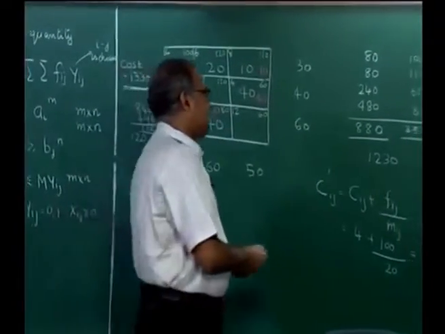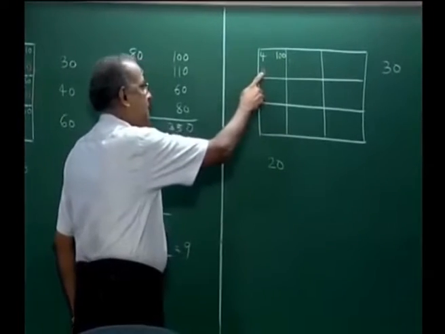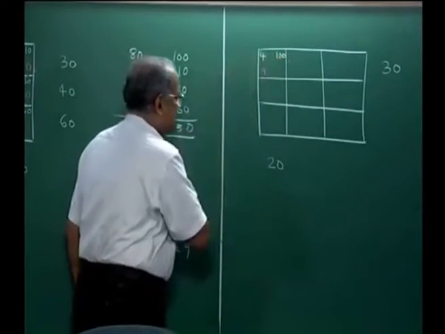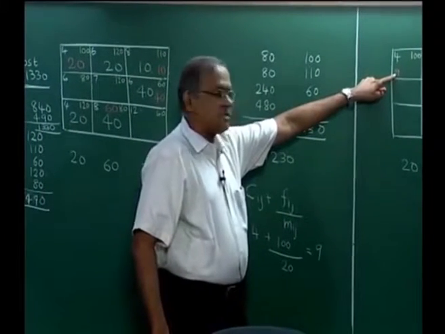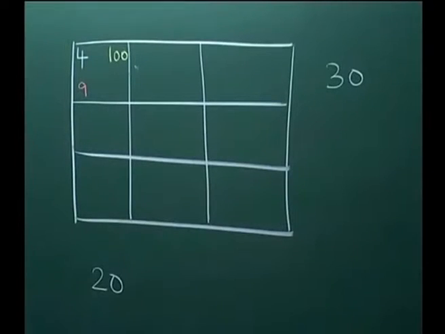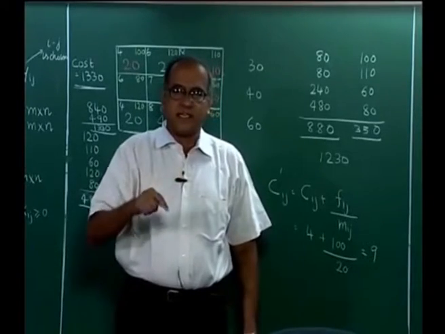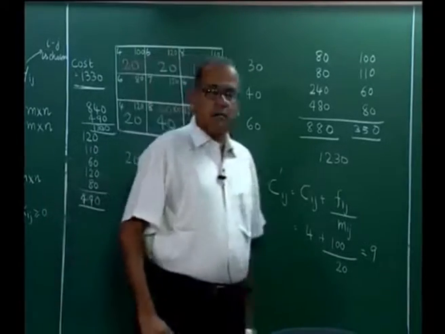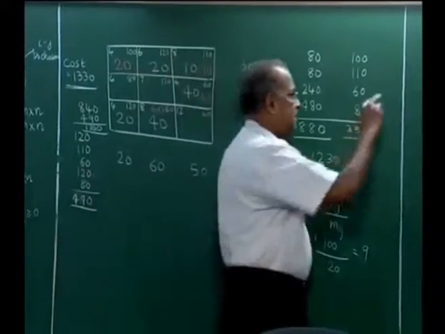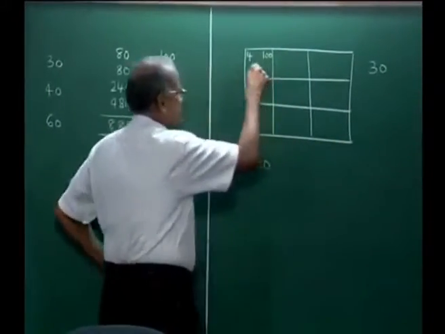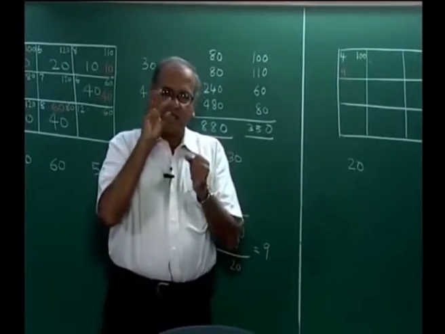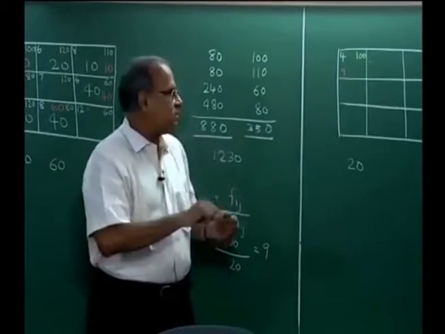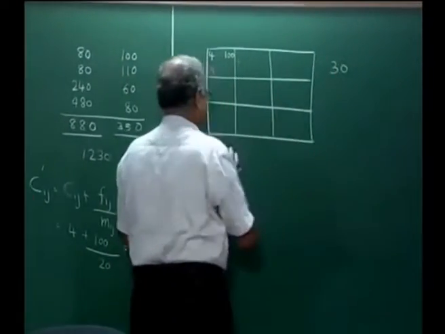I am going to write this number 9 here. Like this we can calculate this number which captures both Cij as well as Fij, to get a new number called C dash ij, which could represent some kind of an equivalent cost considering both the Cijs and the Fijs. The motivation comes from the fact that if we use this route to transport, we incur an additional charge of 100. This additional charge of 100 is used in transporting from this to this.